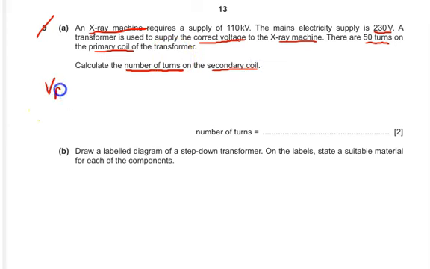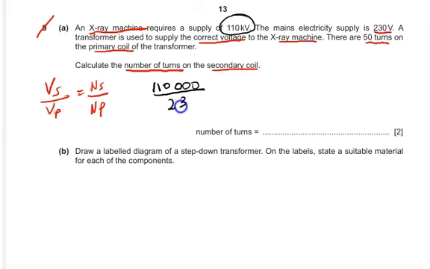So what we can do is use this formula, or I can change it to Vs. This one is Ns. N refers to the number of turns, and V is the voltage. So here we have 110 times 10 to the power 3, since 110 is kilo. Here we just have to substitute this. This is required. So 110,000 divided by 230, and the primary coil is 50, and we just have to calculate the secondary coil.